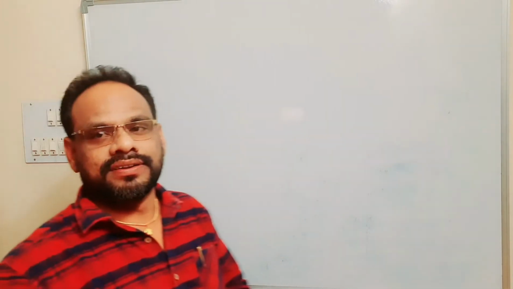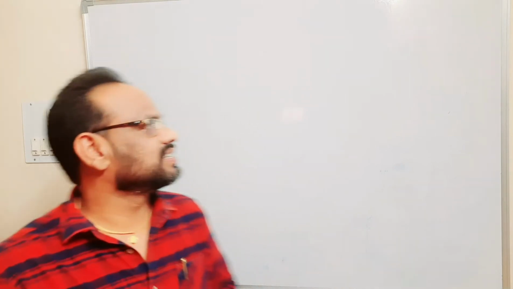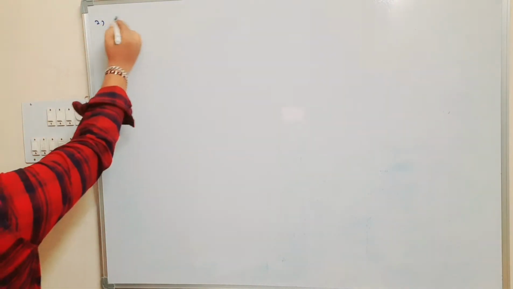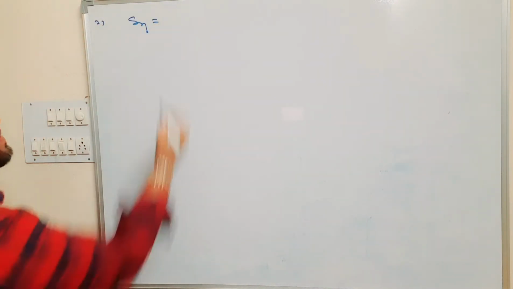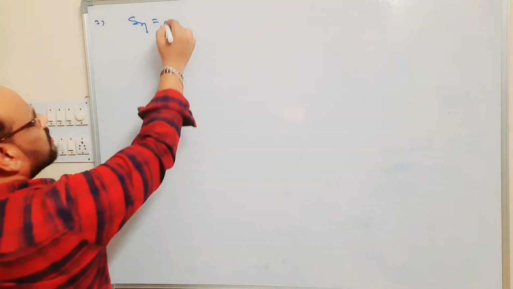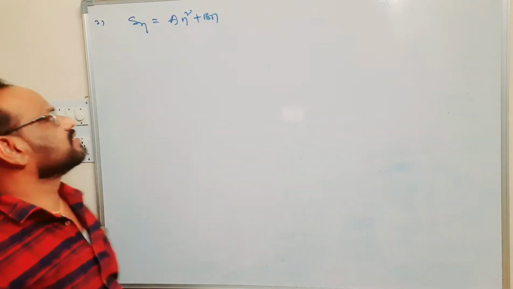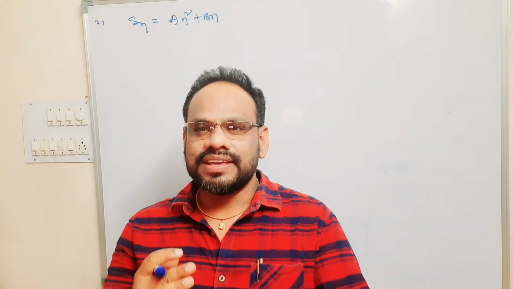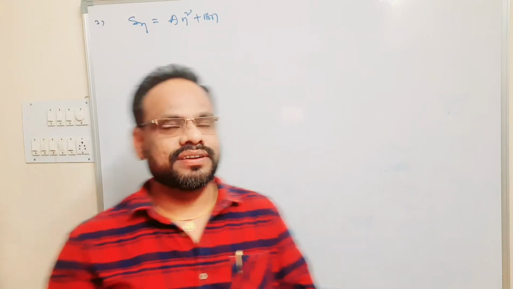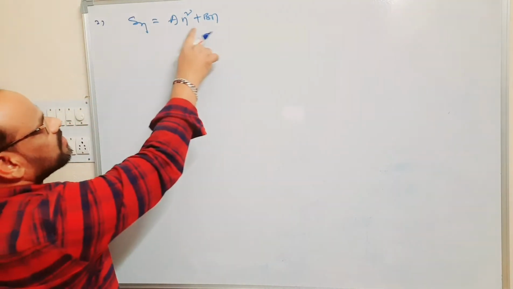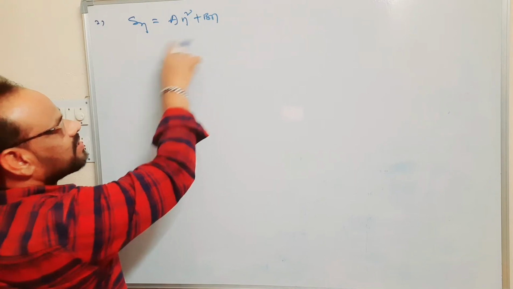Next, second one. If the sum of n terms of the sequence, Sn, is equal to an square plus bn, is given. Observe here, an square plus bn is a quadratic expression.